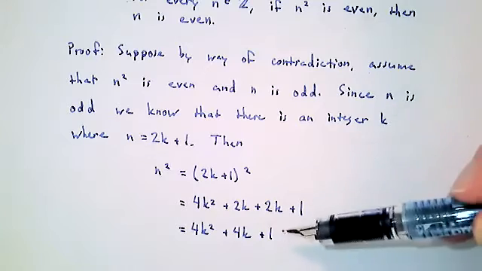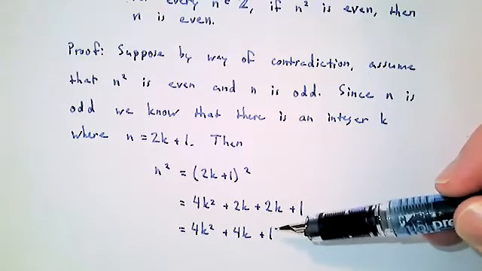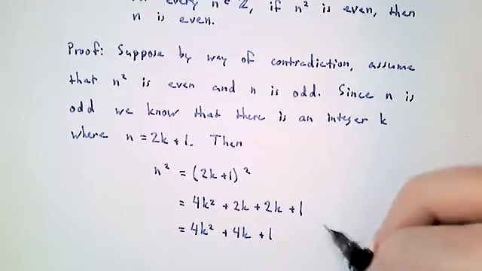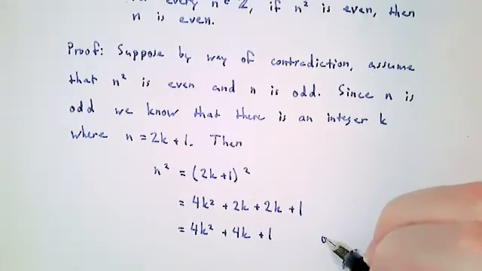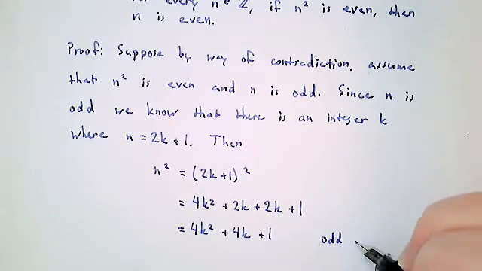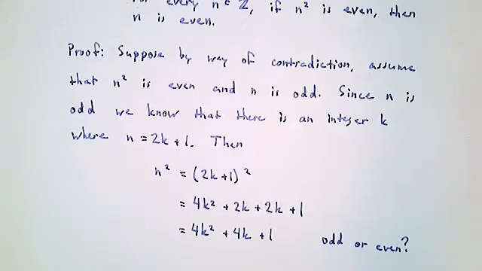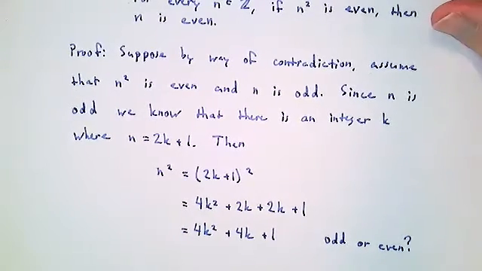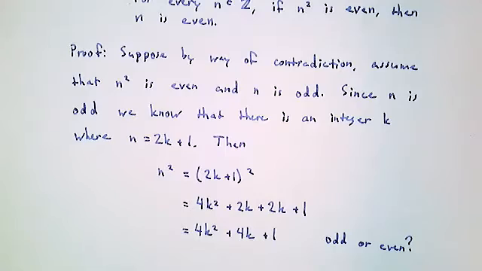And now we need to decide if we're looking at an odd or an even number. What do you think? Is this odd or even? Odd. It's an odd number, right?